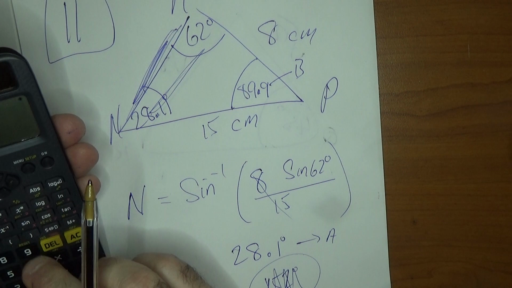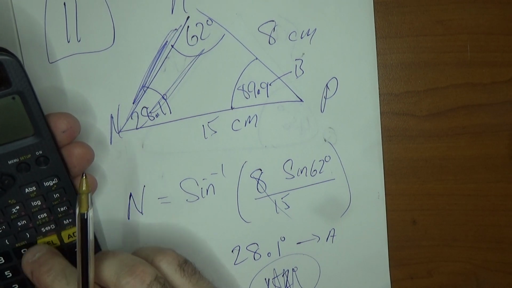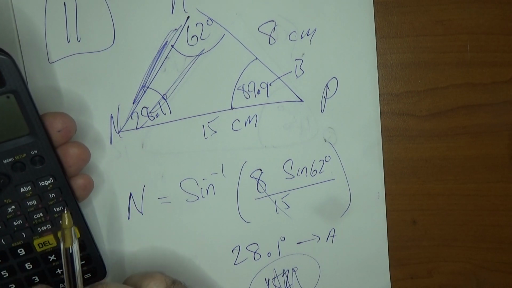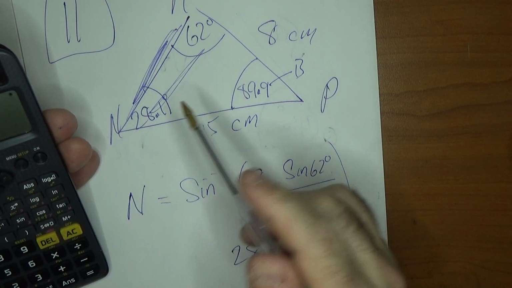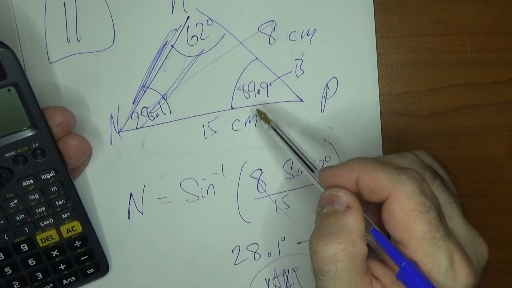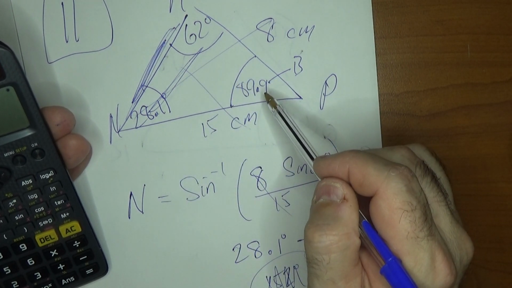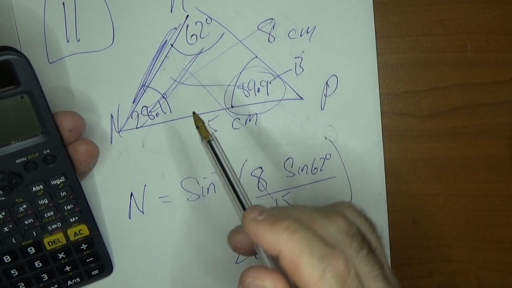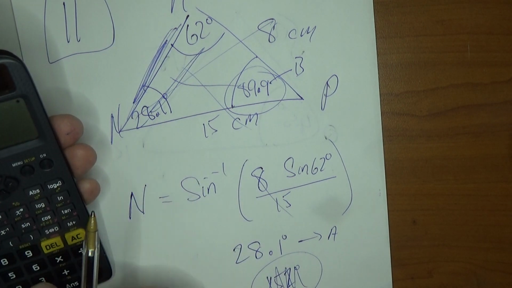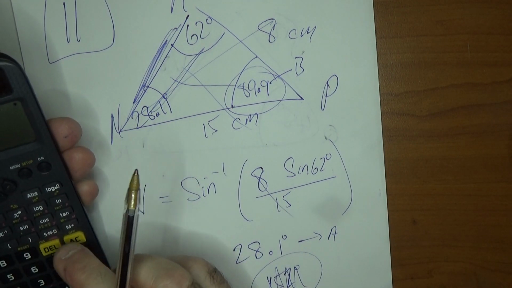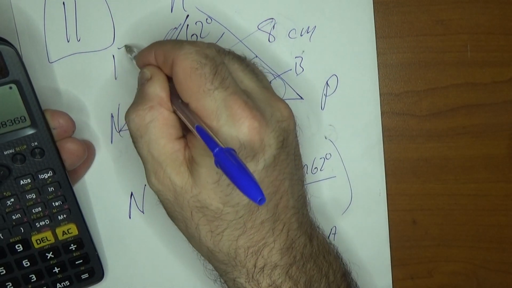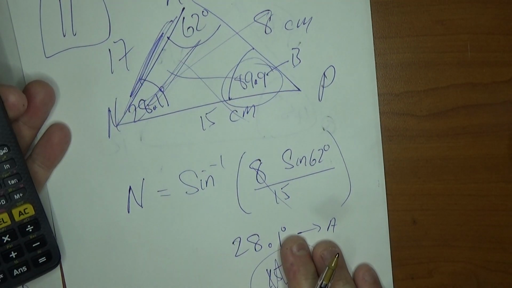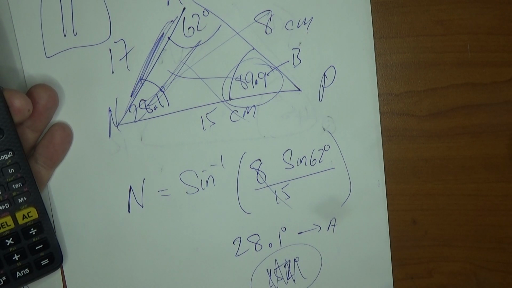So I'll say 8 over sine 28.1, and I need to go back upstairs and put a sine in. What am I doing? The sine of this, the sine of 89.9. So this is around 17.